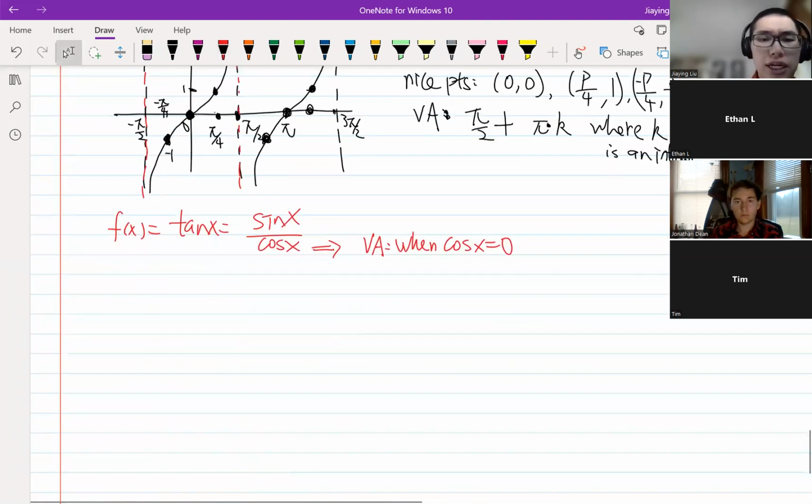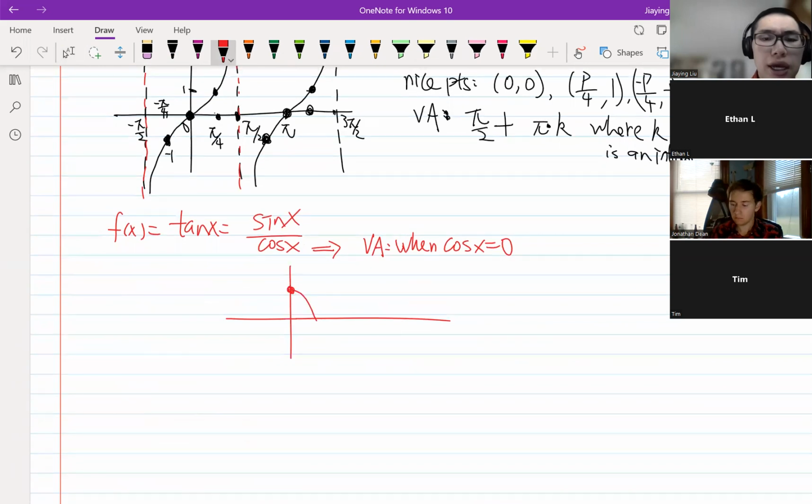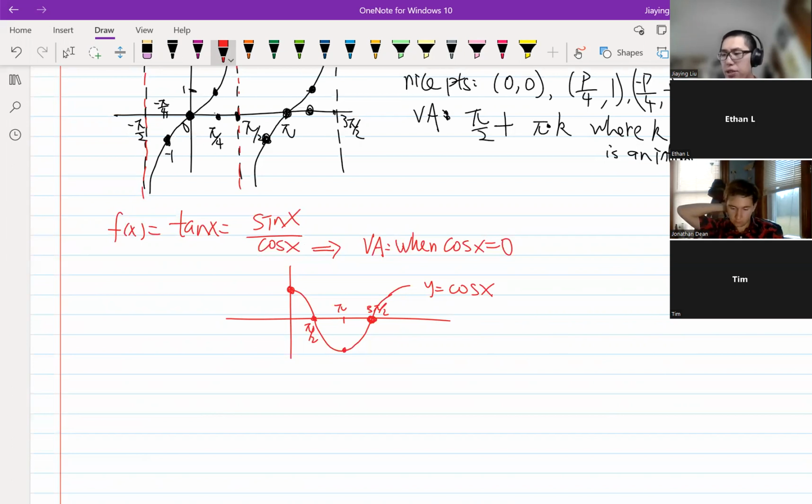The cosine function starts at the highest, and when it reaches 0, this is at pi over 2, then decreases, pi, and 3 pi over 2, and then continues to increase. So at pi over 2, 3 pi over 2, cosine is 0, but when we divide by 0, we get undefined. So that's why we have a vertical asymptote. So that's the tangent function.